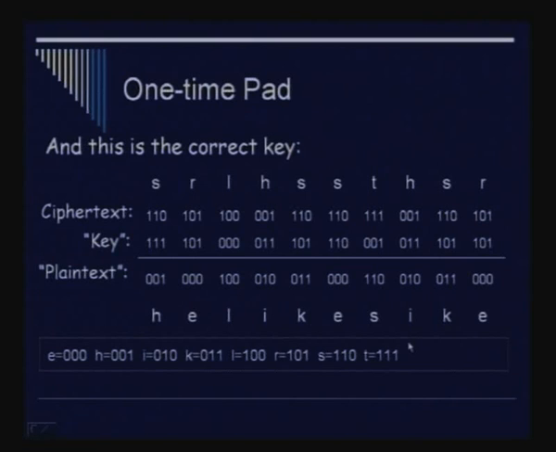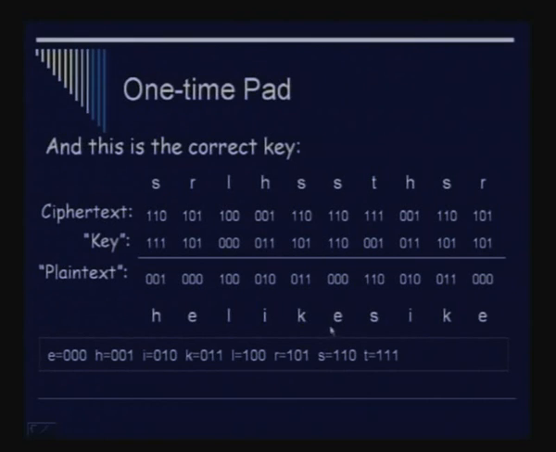In this case you see that this is the actual value of the correct key, and therefore you decrypt that. This is just to show you what is meant by a one time pad. I am not going into all the details of what is meant by the plain text and the ciphertext. This is just an example of how a one time pad works.